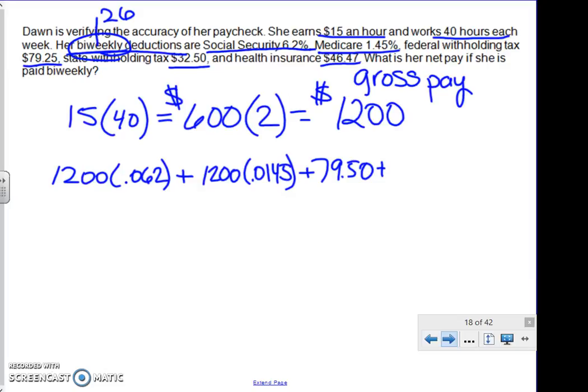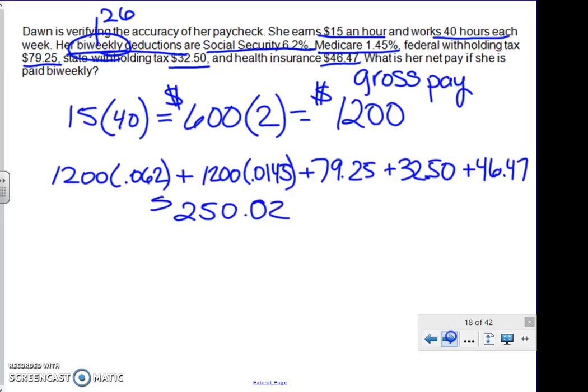I'm sorry, it was $79.25, apologize for that. Plus the $32.50 for state, and then the $46.50 for her insurance. When we add all of those together, we get $250.02.